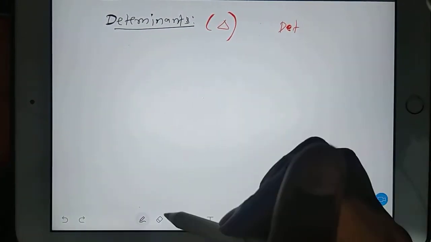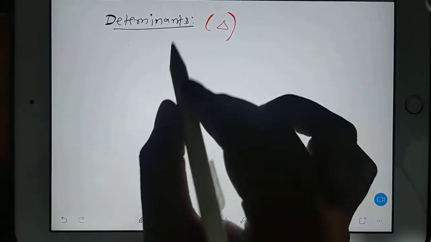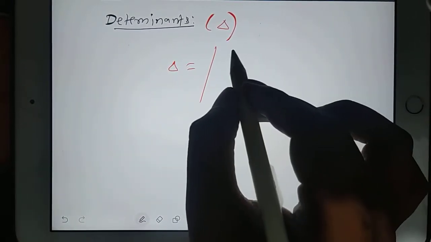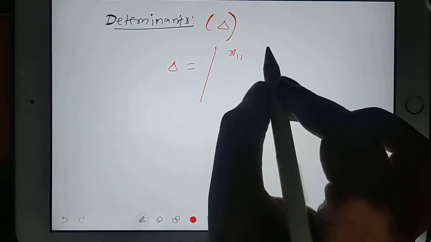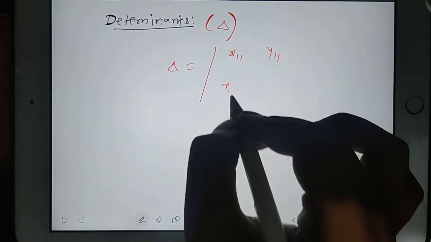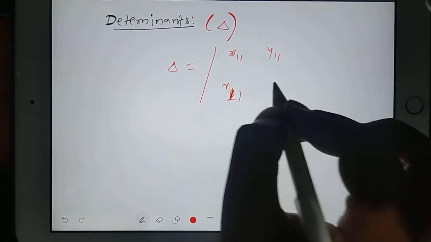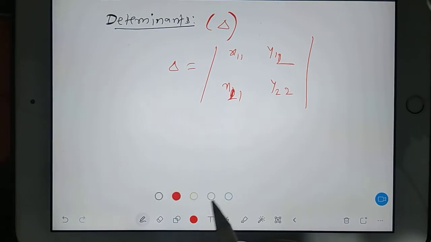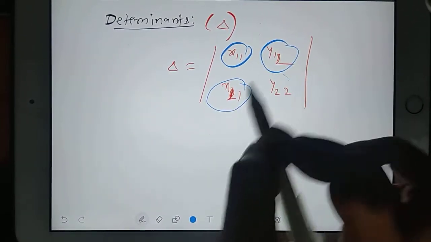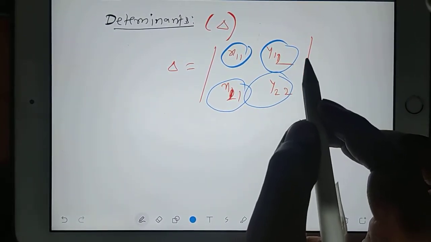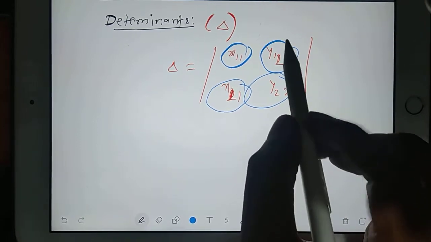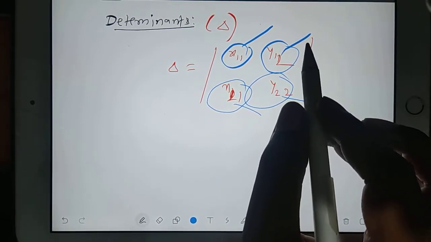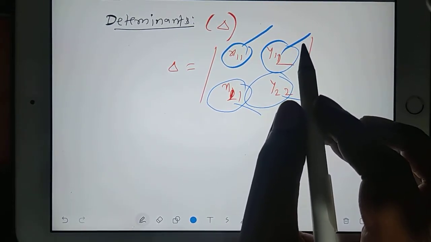Now suppose a determinant is given with some elements, like x11, y11, x21, y12. These are known as elements of the determinant, just as in a matrix they are elements of the matrix.